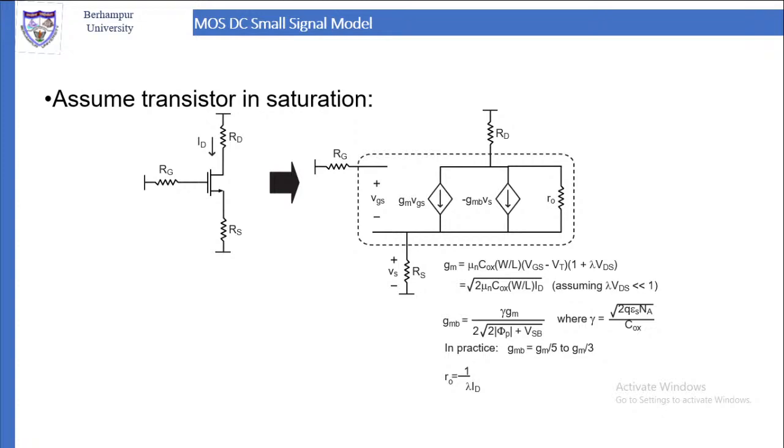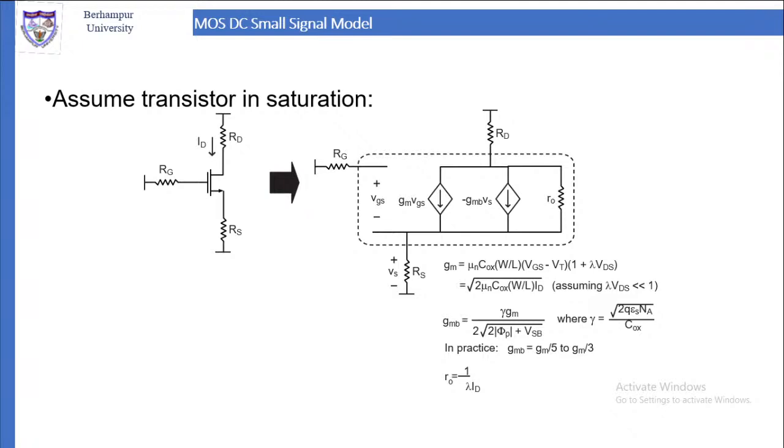For this transistor, the input is through the gate and source. VGS is the input. This is the voltage which is controlling the current through the gain of the transistor.